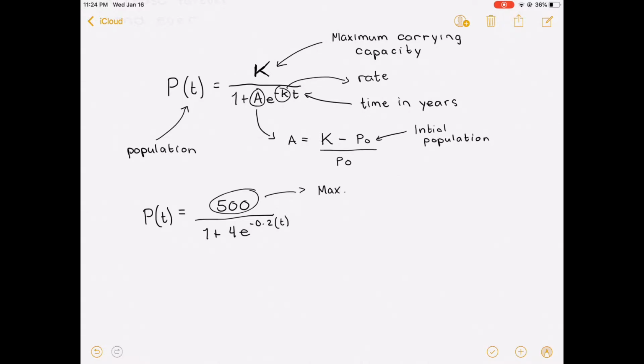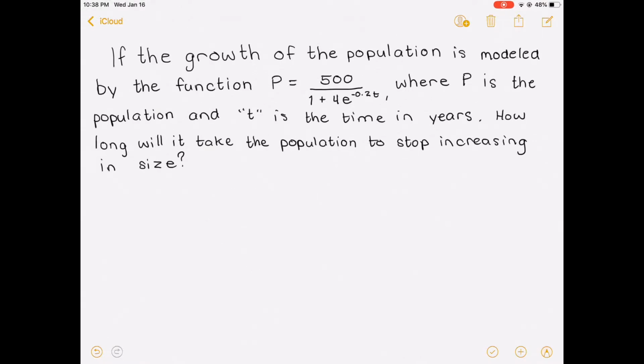So 500 here is our maximum capacity. 4 is our A. So in order to find A, first we need to find out what our initial population is. And in order to find the initial population, we need to find what the population is when we started out. So if we started out, our years, or t in time of years, would be 0, because that's when the time of years started. So let us try plugging 0 into our function.